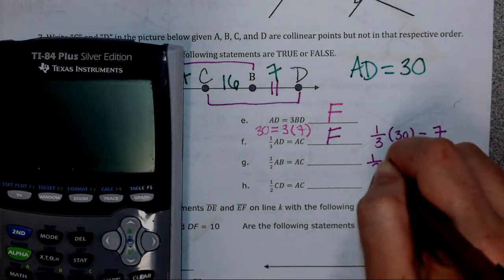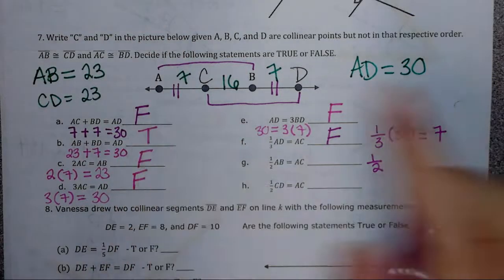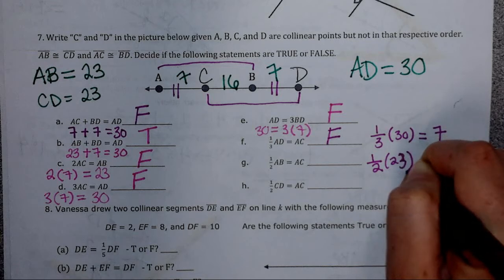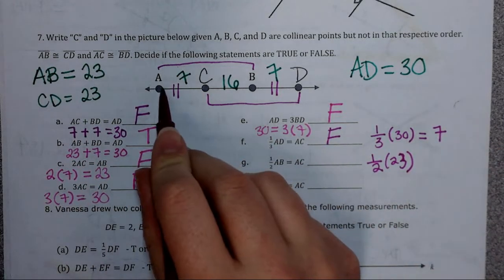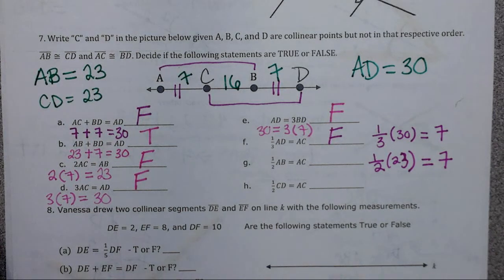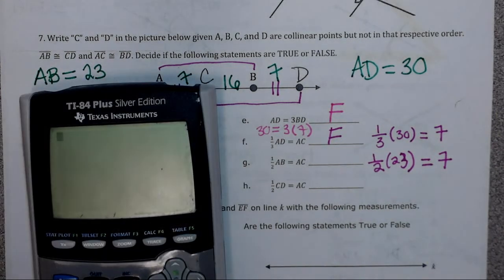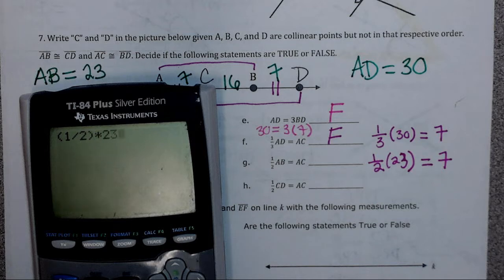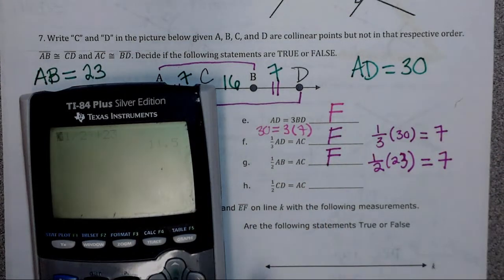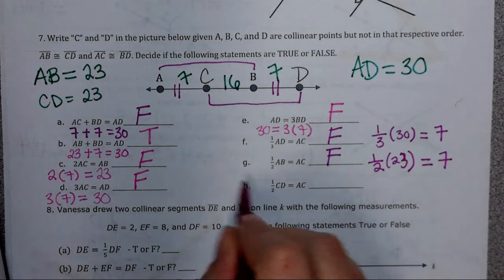Okay. 1/2 AB, which is 23, okay, is equal to AC, which we said was 7. Okay. So 1/2 times 23, not 7. This is false. Okay.